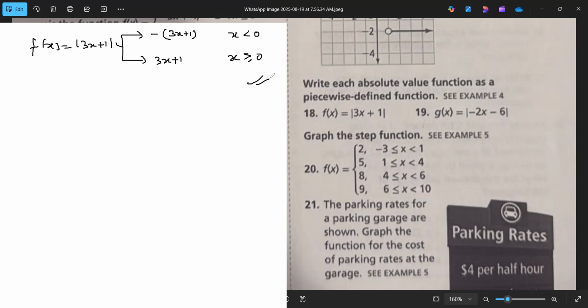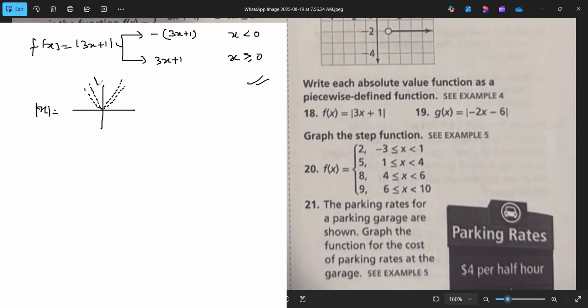Understood? If you want to plot the diagram, what will you do? First, draw mod x. What is mod x? Then 3 is multiplied, and then plus 1.